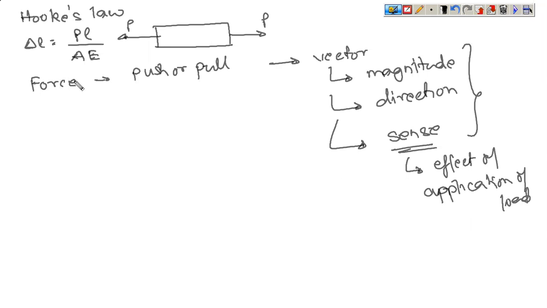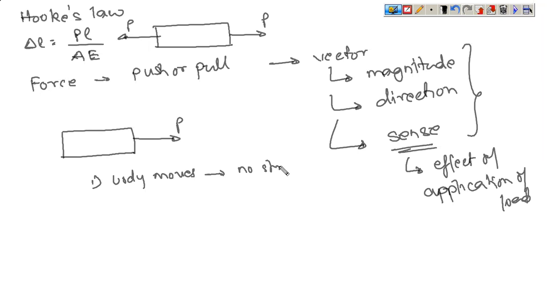Now, let me try to explain the effect of application of load with a small example. First condition, body moves, so no stress. Second, body is still, then friction is taking all of the load.